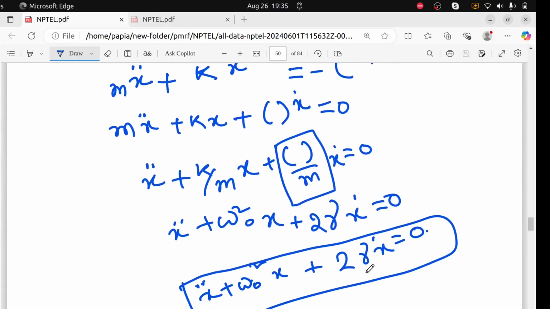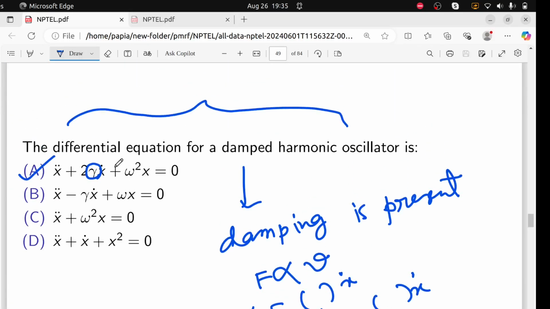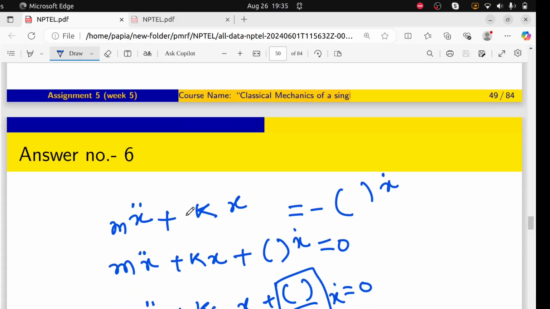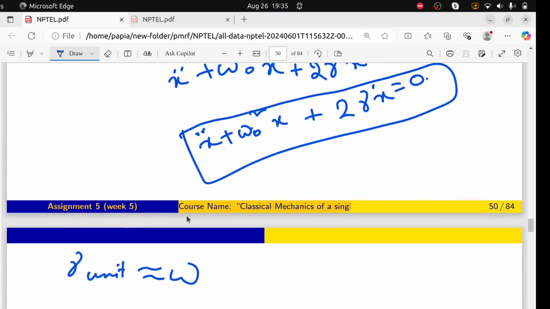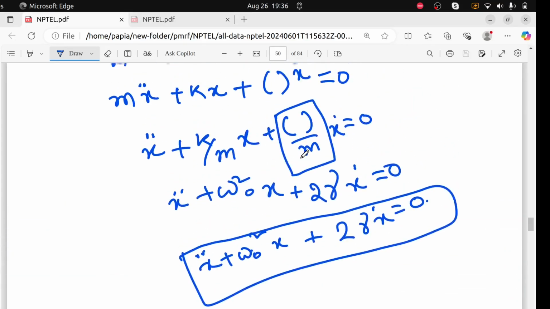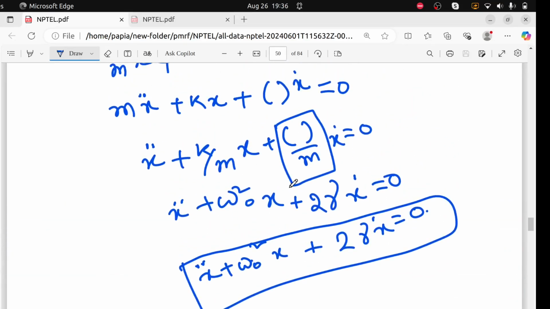So this is the thing I have in option number A. Okay, now this one is done. Here basically gamma we have just written as some constant divided by m.